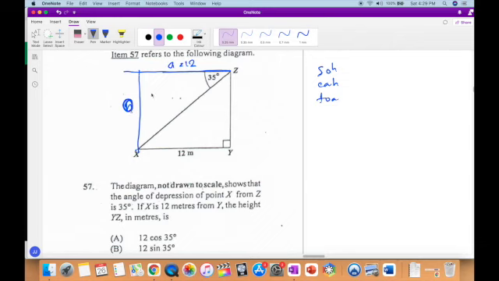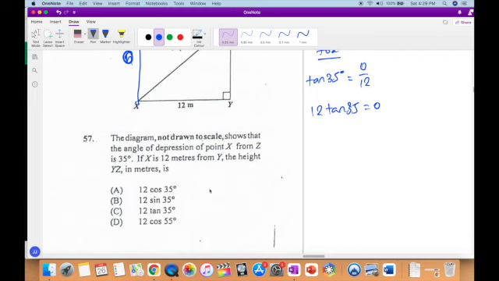We want to find the opposite. So we're dealing with opposite and adjacent here, so we're dealing with tan. So the tan of 35 degrees is equal to opposite over 12, which is the adjacent. Therefore 12 tan 35 will give me the opposite.